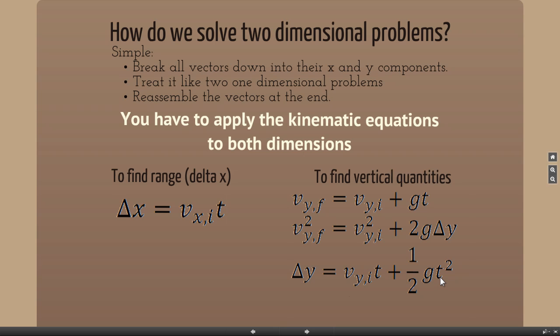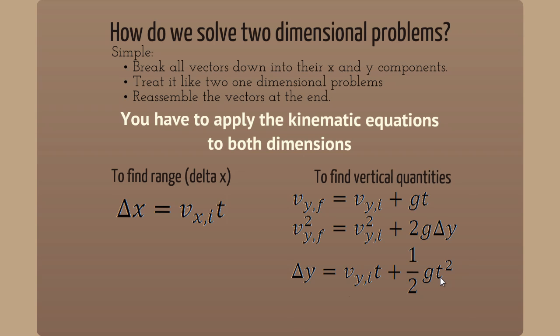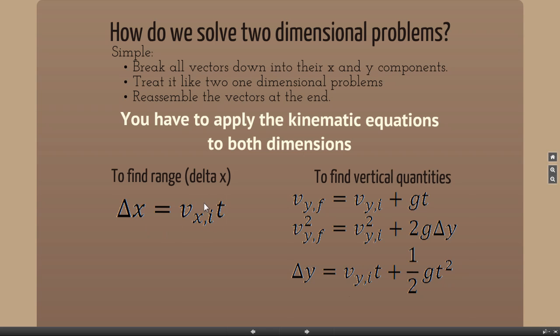Because this is going to tell us how long the object is undergoing projectile motion, or how long the object is in the air. Once we solve for time, we know our initial velocity in the x direction, quite simple, just by the velocity they give us. And we know our time, so we can figure out the range, or how far the ball goes.